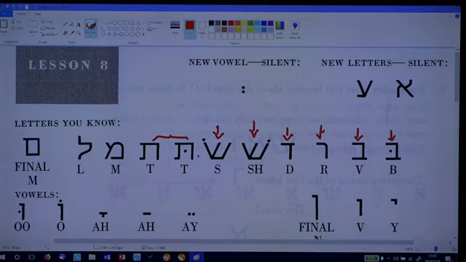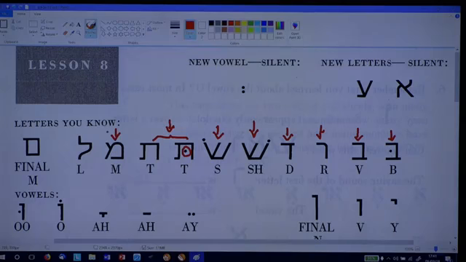These are the same letter. They're called a tav, the last letter of the Aleph-Bet, and the sound is a T in both cases. The difference is this dot here called a dagesh.